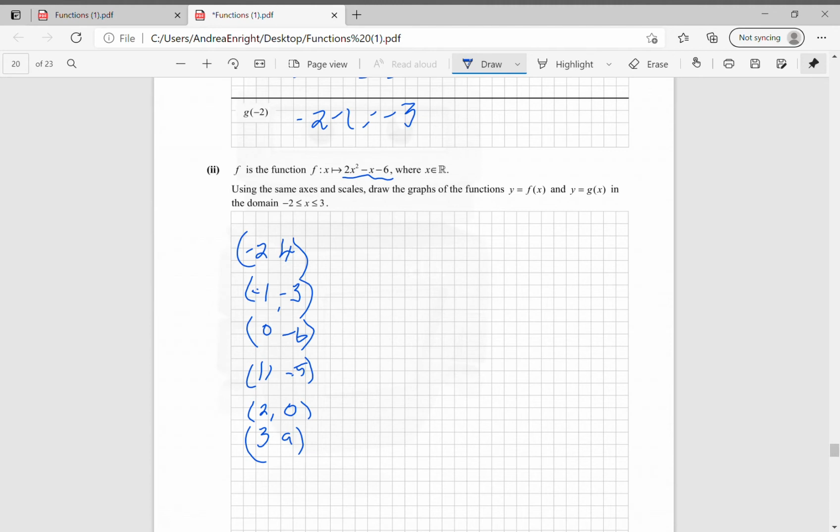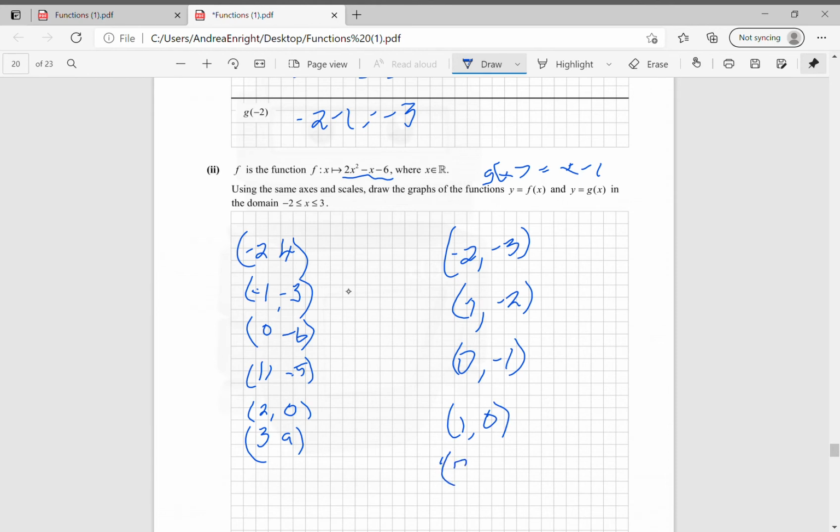Okay, so then you get the other one, g of x. They've already told me g of x equals x minus 1 in part A. So then you get your points: minus 2, minus 3; minus 1, minus 2; 0, minus 1; 1, 0; 2, 1; and 3, 2.